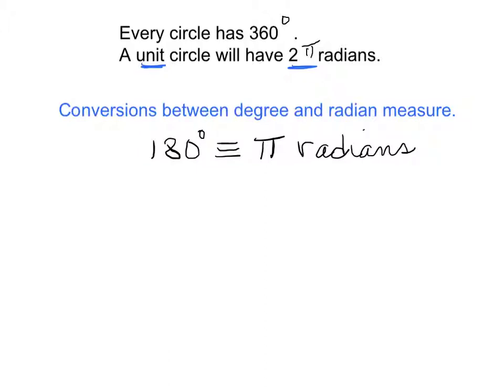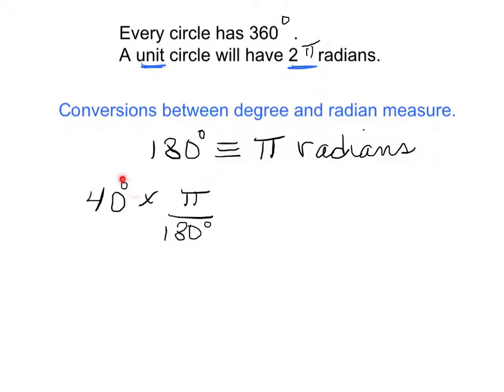Suppose we have, let's say, 40 degrees, and we want to change it to radians. Here's what we do. We take 40 degrees and we multiply it by pi over 180 degrees. And what that means is that we're really just multiplying by 1.